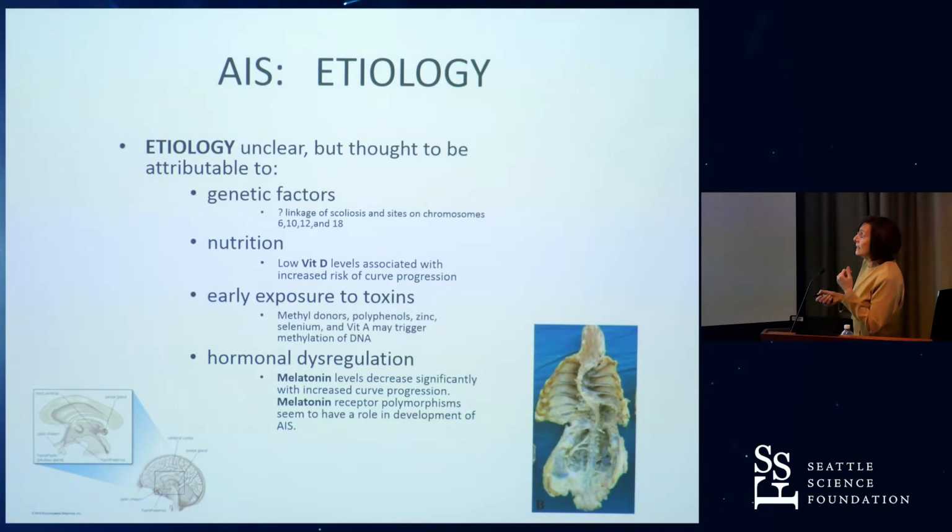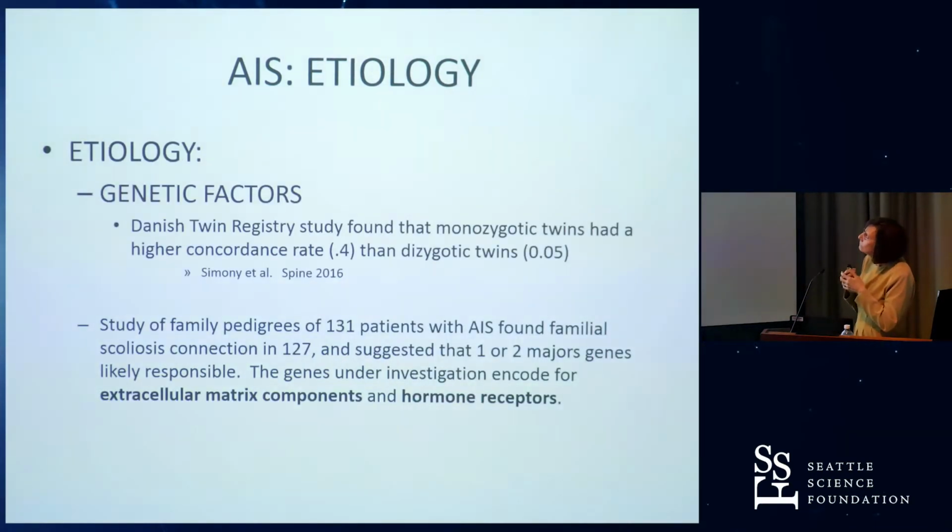The interesting thing is that we see, and again, we don't know whether this is cause or effect, that melatonin levels decrease significantly within those patients that have increased scoliosis progression. So again, maybe there are some receptor polymorphisms that may have a role, hard to say. The genetic factors, I think, are compelling and interesting. Another amazing study, I think, is the Danish Twin Registry. They looked at several hundred sets of twins who had scoliosis.